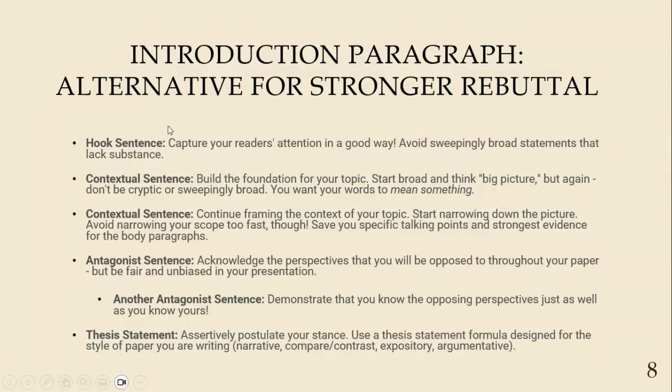You don't want to start with something that's just so obvious that it kind of turns readers away. You have two contextual sentences, so you can start narrowing down your topic. You want your words to mean something. Again, don't be sweepingly broad. And this is also not the time for introducing very specific talking points in your strongest evidence.